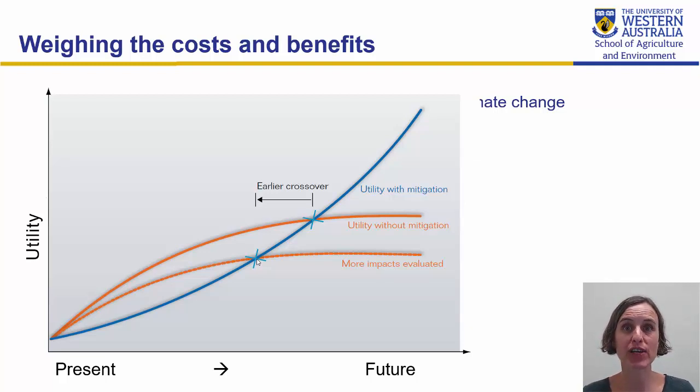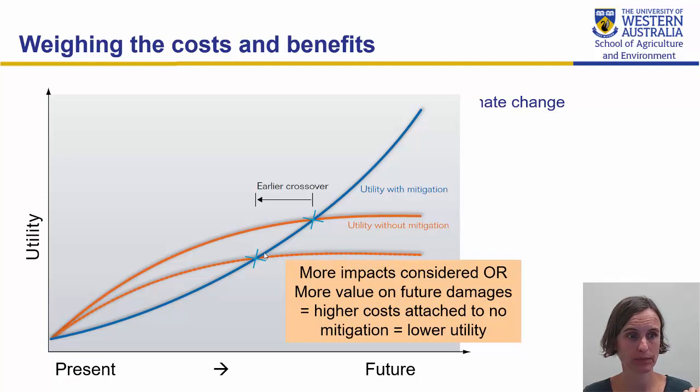And the same occurs if you have a lower discount rate, if you put a higher value on those future impacts. If you care a lot about future impacts, your utility will go down because you care about the negative impacts, and you're more likely to undertake action.